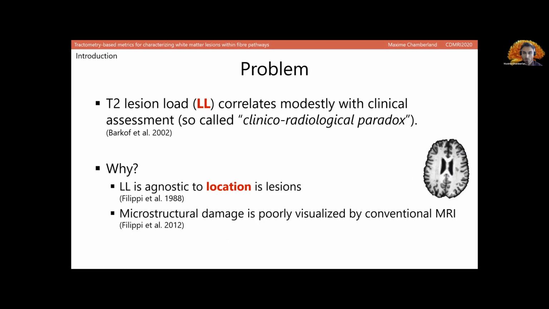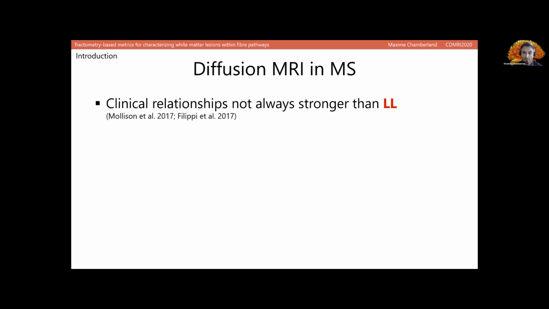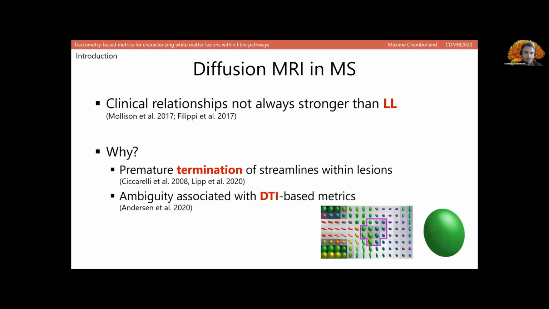As we know, diffusion MRI has looked into providing another set of metrics that go beyond lesion load, but the relationships with the clinical scores do not always perform better than a conventional lesion load approach. The reason for that is also quite simple.